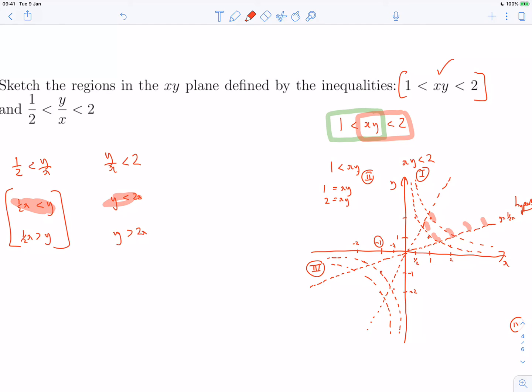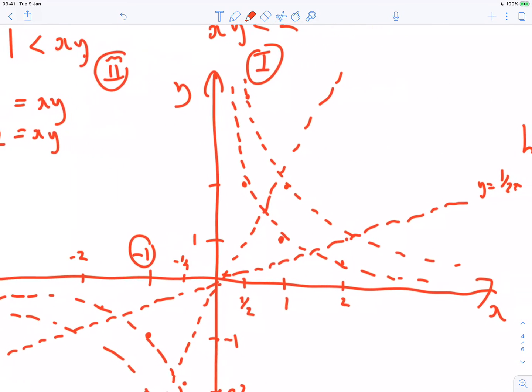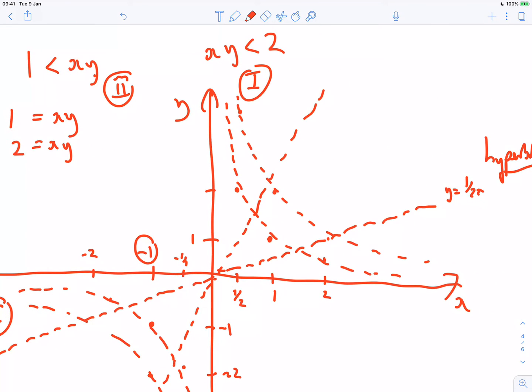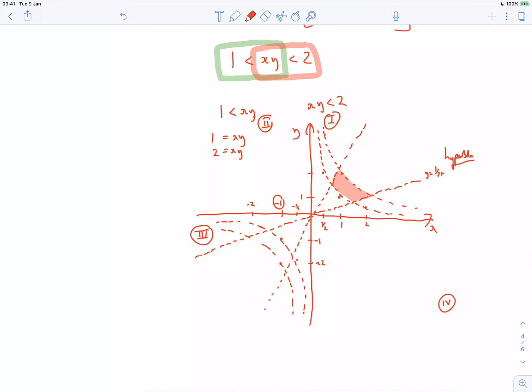So actually, where does it all make sense? Well, below the upper line, above the lower line, and in the wedge, means we're actually going to shade this weird curvy rectangle bit. In that region, both of them are satisfied.